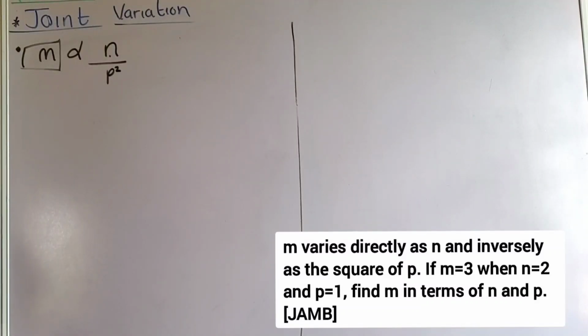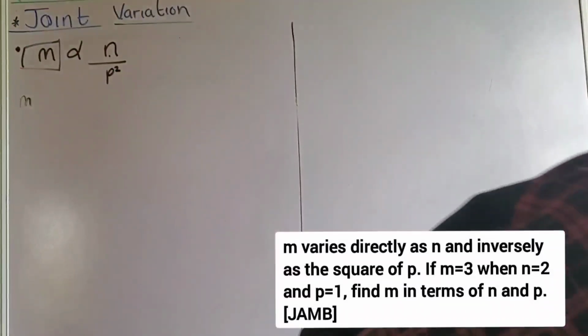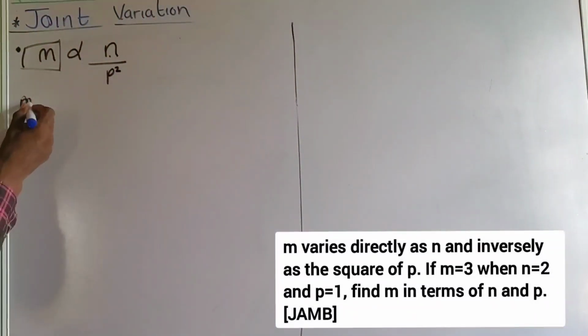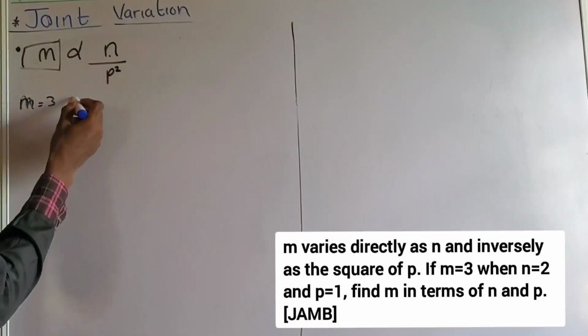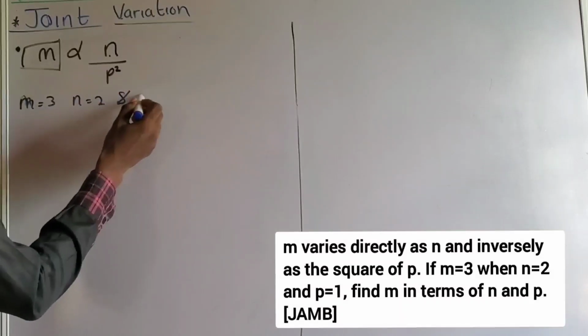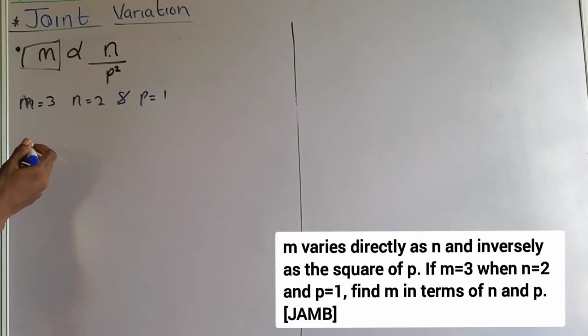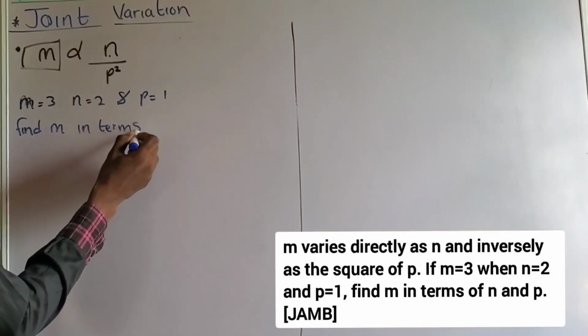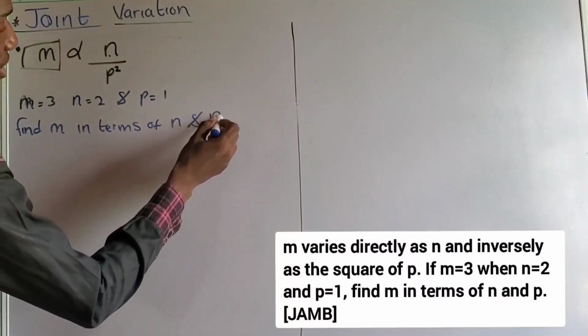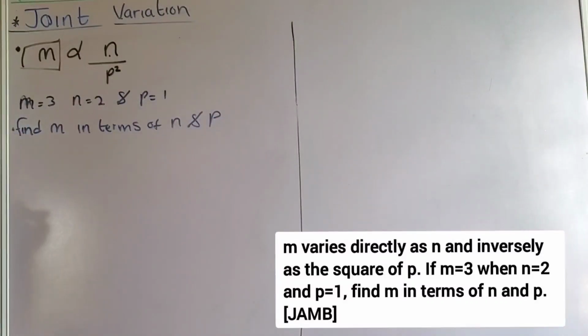Now let us proceed with the question. We are given that m is equal to 3, where n is equal to 2 and p is equal to 1, and we are asked to find m in terms of n and p.